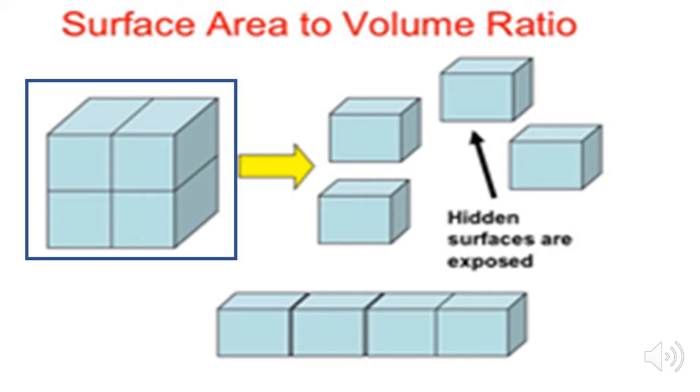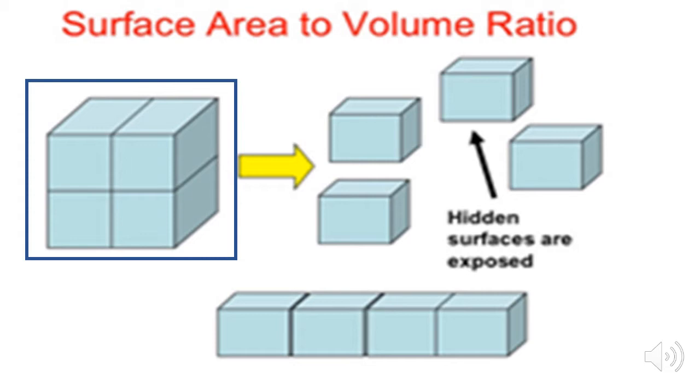If we look at the shape on the left-hand side, the large cuboid, you will see that at the moment the surface area is just the parts of that cuboid that are exposed to the outside space, to the outside air, if you like. You'll also notice that that cuboid is made up of 4 smaller cubes.